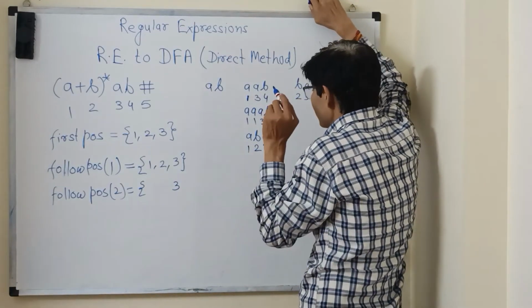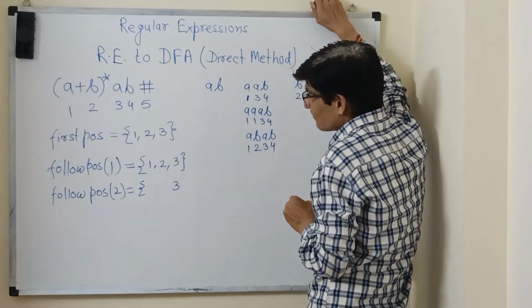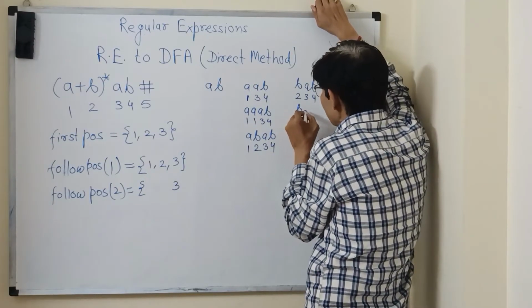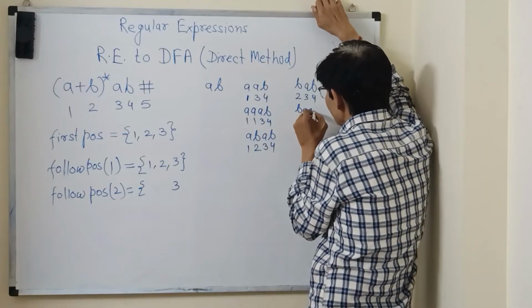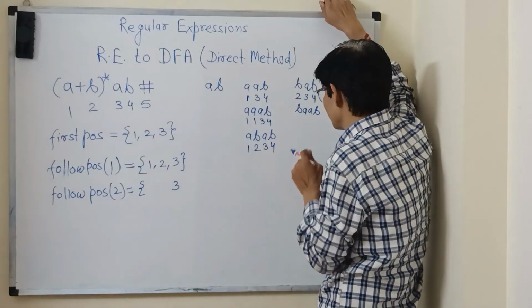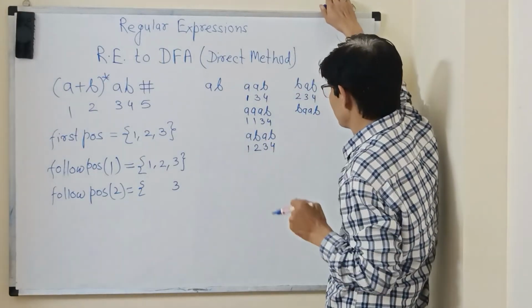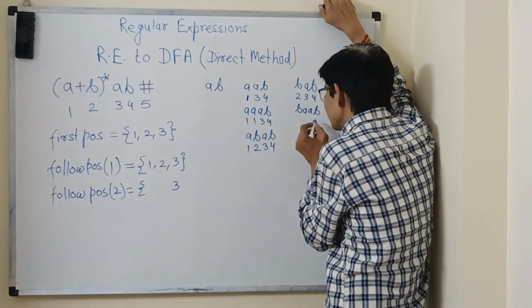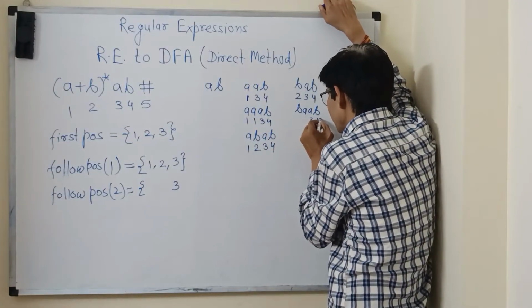Now, some more possibilities we can find. Yes. So if I get BAAB, this string from this regular expression, which is a valid string for this regular expression, then this AB is the compulsory string, so this is 3 and 4.